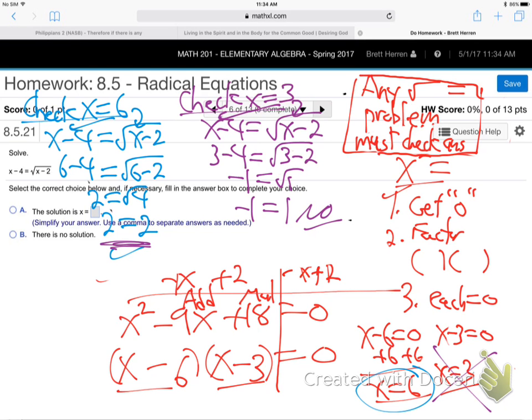It solved it. But not the 3. The 3 made them not equal. That's what an answer does for an equation. It makes the two sides equal. You're trying to find what values of x make the two sides equal. So the answer is only the 6. Questions I can answer on that one?